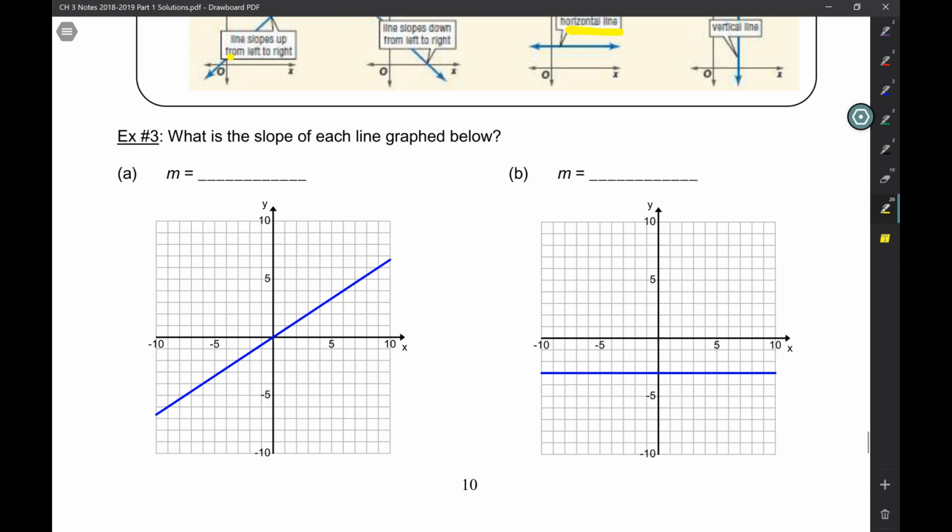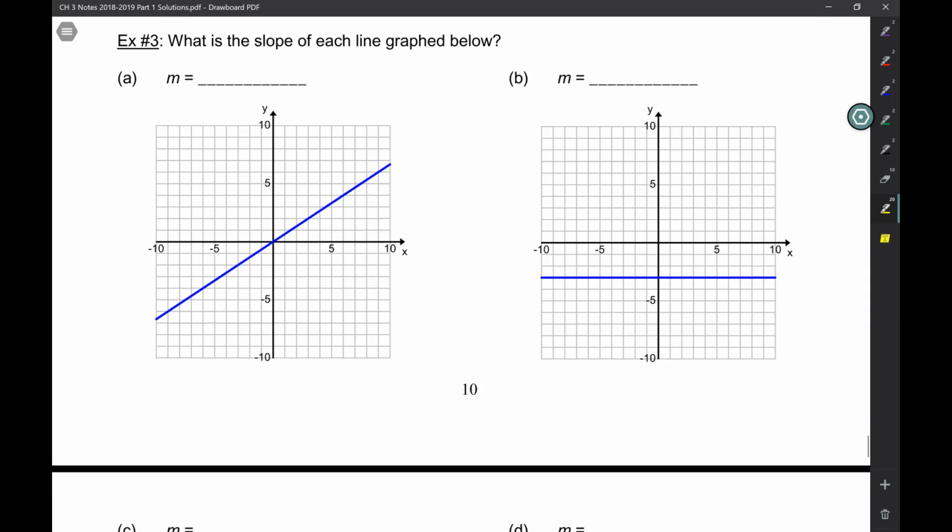Positive. Okay. Here, yes. Here, okay. What kind of slope do we predict here? Positive, negative, zero, or undefined? Positive. Okay, so let's see.